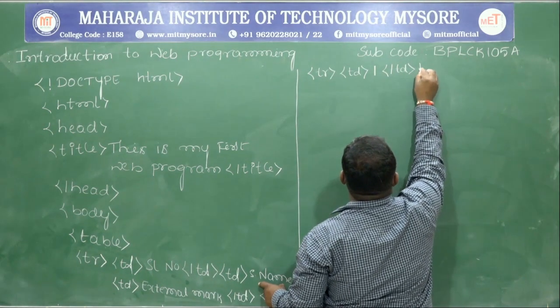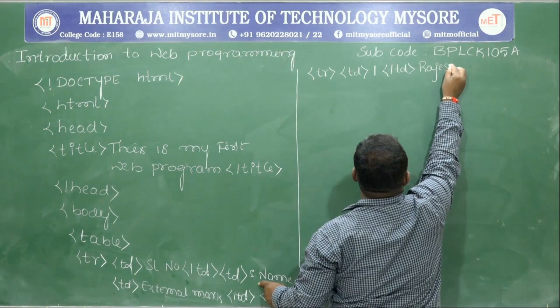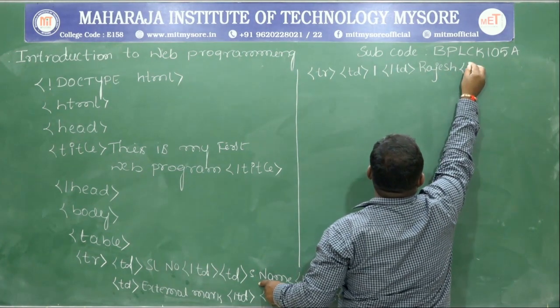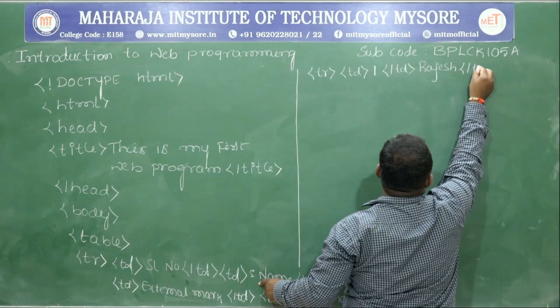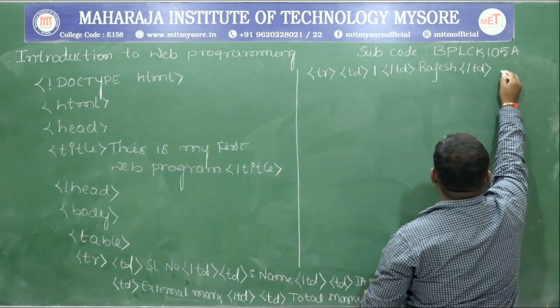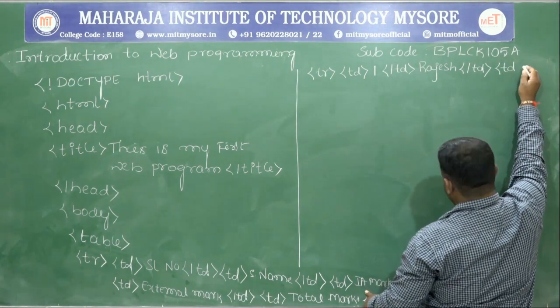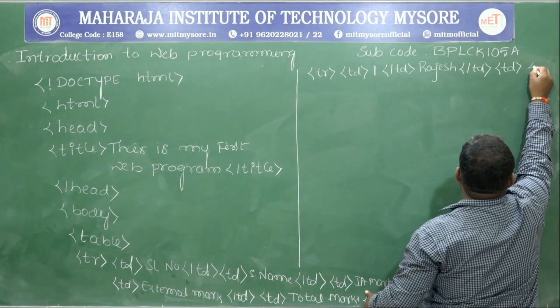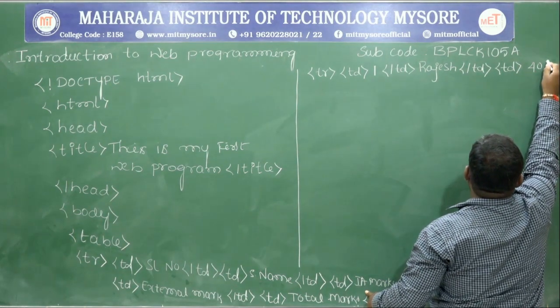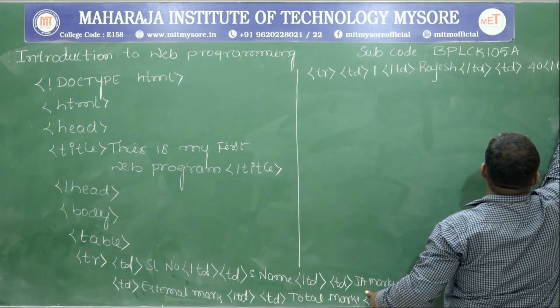The first name is Rajesh, and then end of the Rajesh data, and then the internal marks. Rajesh's internal marks are 40, and then end of the td.